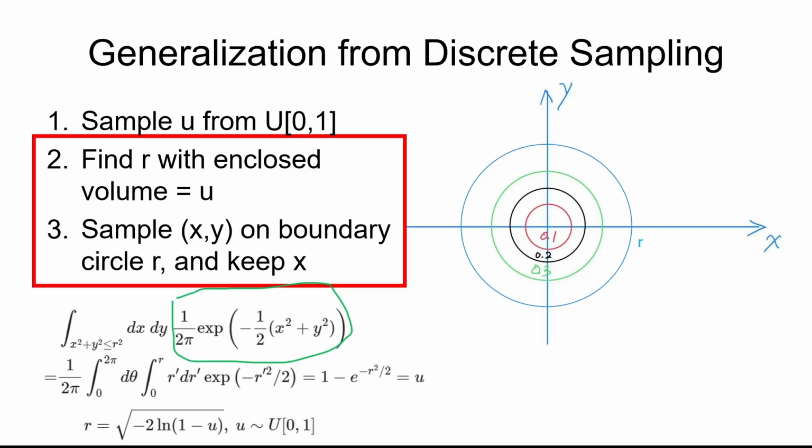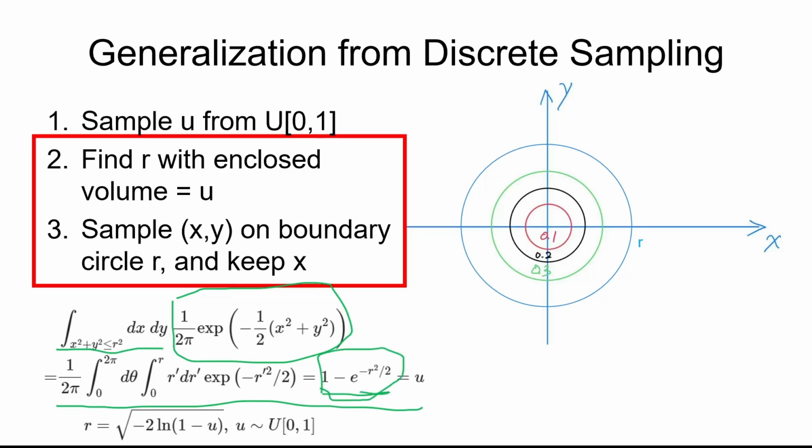2D Gaussian distribution probability function, and then we need to integrate it over the space within the circle in xy space. Because this space is symmetric with respect to the origin, we can convert it to the r theta space so that we can get analytical results here.